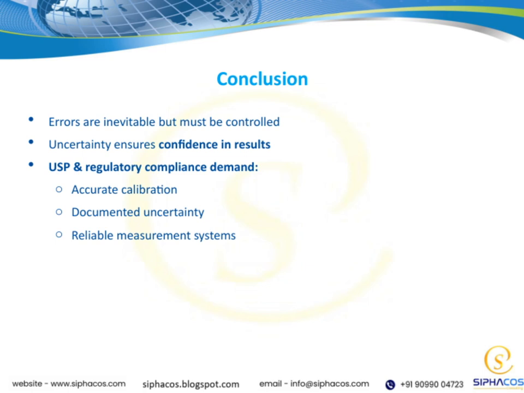Finally, reliable measurement systems are the backbone of this entire process, ensuring consistency and integrity across our operations. So, in essence, controlling errors and understanding uncertainty are vital for delivering trustworthy results that meet both our internal standards and external regulations. This holistic approach ultimately supports our commitment to quality and excellence in all that we do.